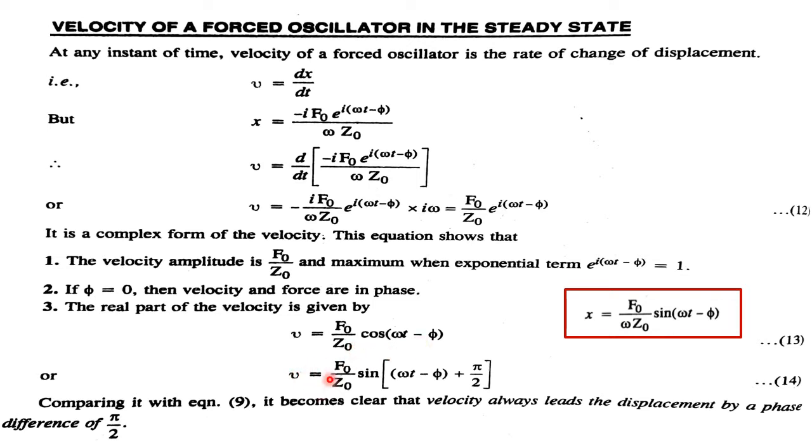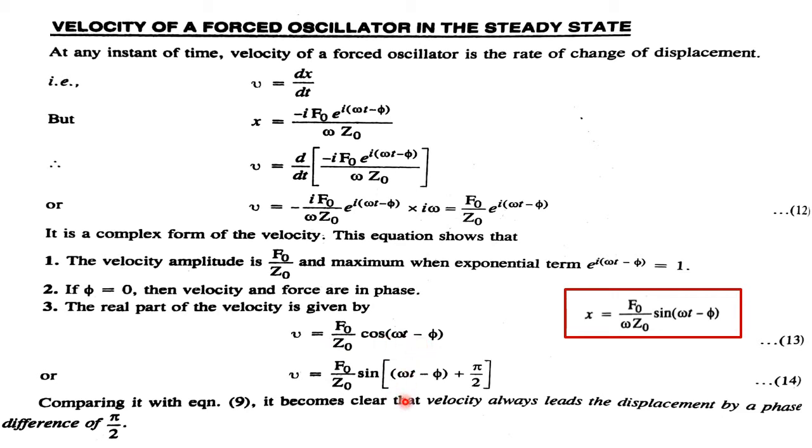We can change it into the form of sine, because when we go into the second quadrant, the cosine and the sine functions change. That means it will be f naught upon z naught sine of omega t minus phi plus pi by 2. By adding the angle of 90 degrees, we go to the second quadrant, but it will be the same value of cos omega t minus phi.